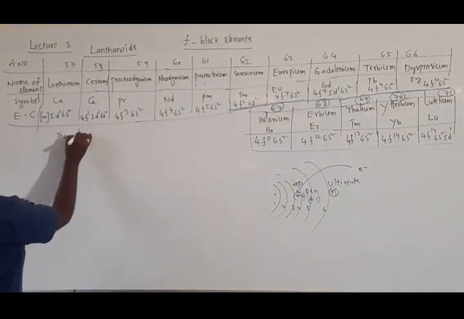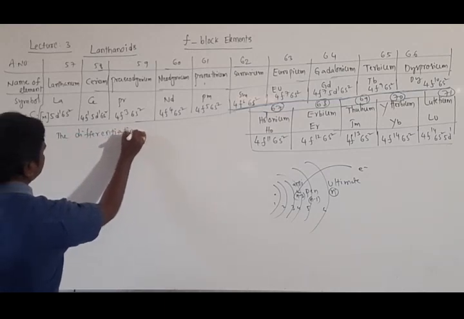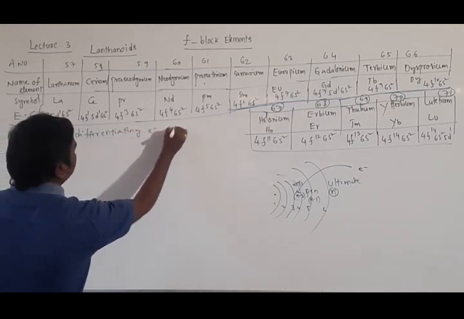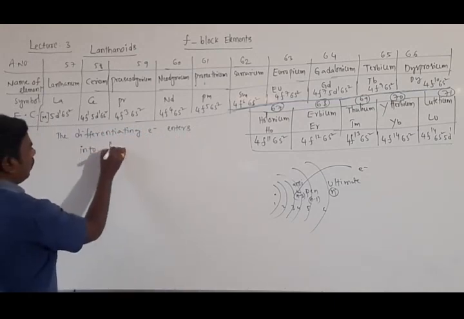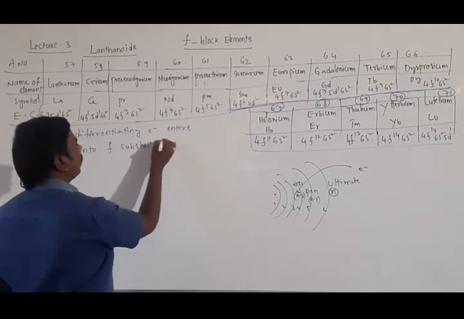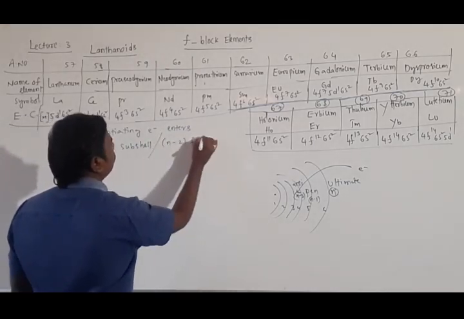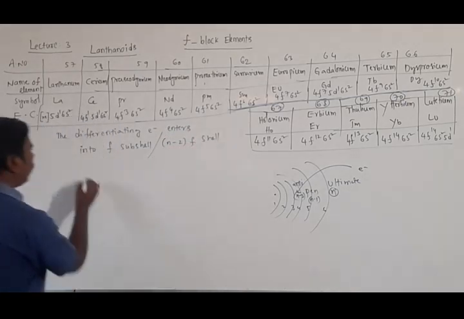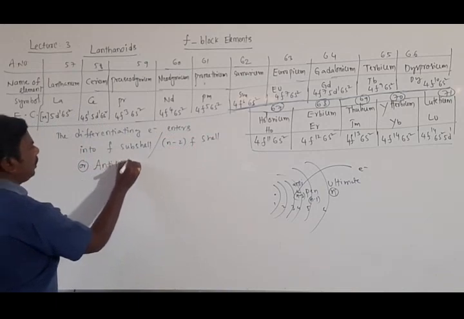The differentiating electron enters into F subshell, also called n minus 2 F shell, the anti-penultimate shell.